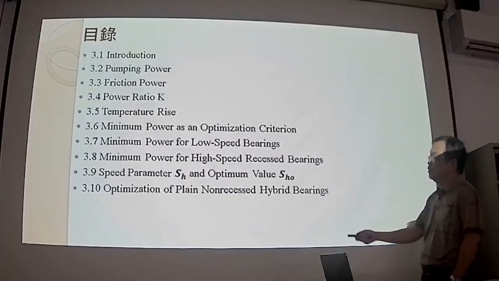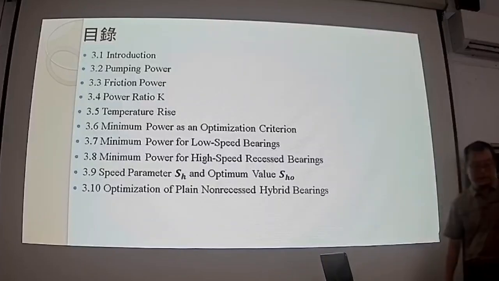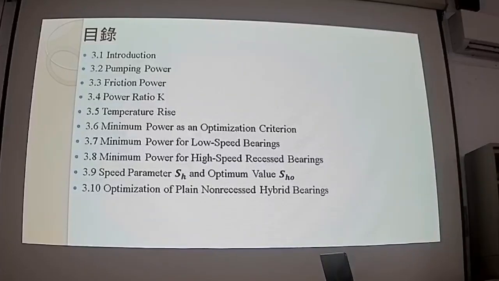Okay. So using the power ratio, we can define low speed bearing and high speed bearing, and we also have a certain speed parameter designed as an indicator to know some performance of your journal bearing. The H is the designer's name, the researcher's name, and then we will have optimization for the plain non-recessed and recessed hybrid variants.